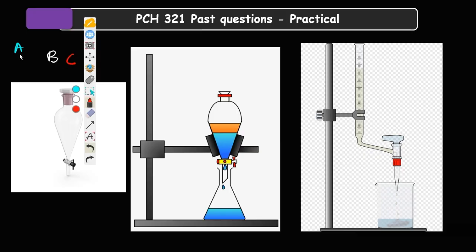Is that okay? And let's say substance A is in C initially, but they are insoluble.